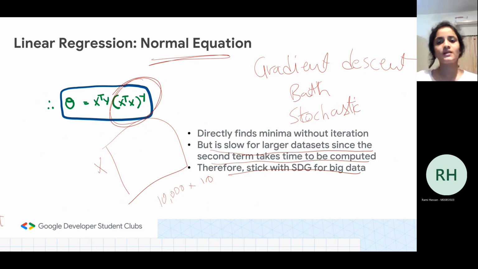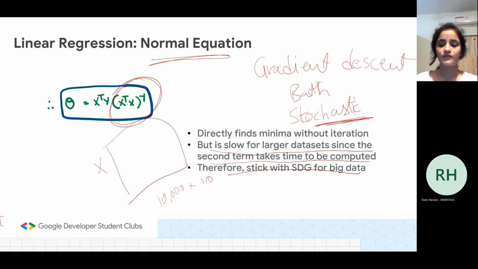Gradient descent works step by step. Stochastic basically just does it on each sample instead of going through the whole thing at once. And the normal equation comes directly, but it takes a long time to compute matrices for all these steps. That's why you use stochastic gradient descent to go through the whole thing once, and it's much faster than the normal equation or normal gradient descent.